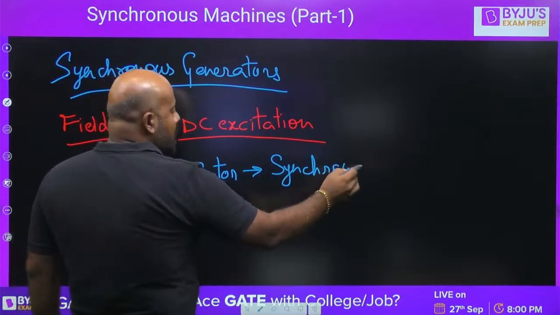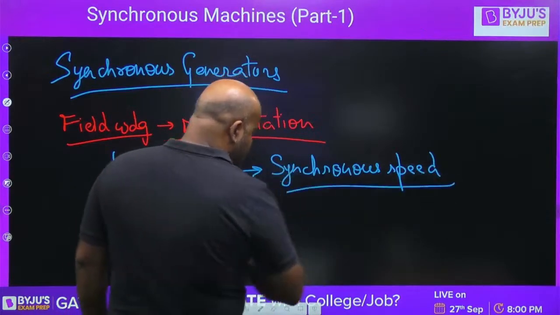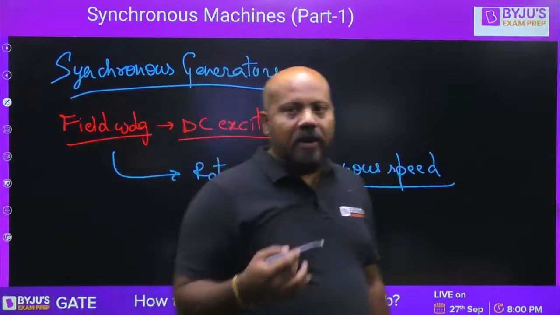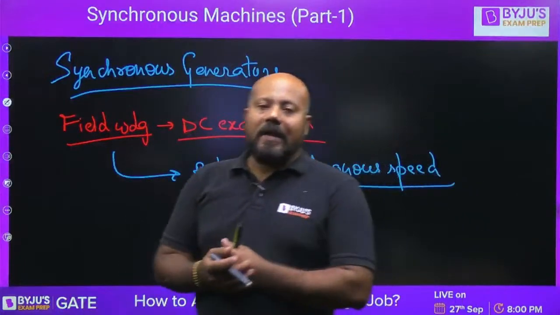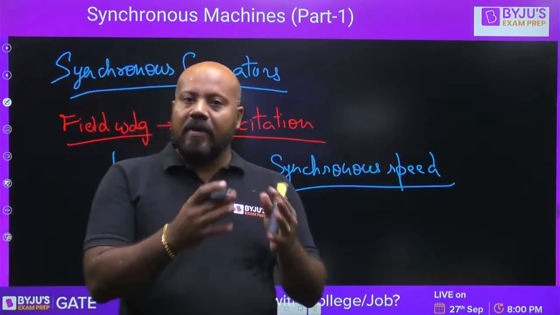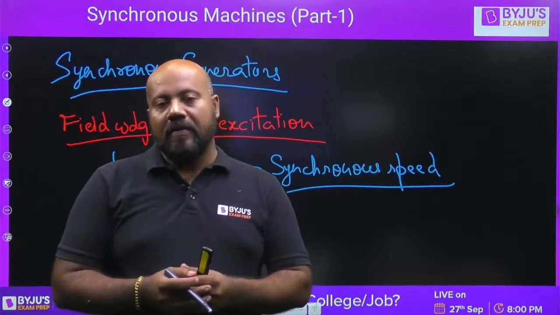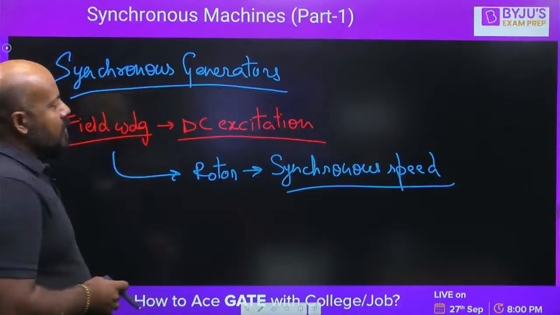Yes or no? Are you able to follow this? The rotor must be rotating at the synchronous speed, because then only there will be no relative motion between the two fields or the fluxes, and then you will be having a stable rotating machine. Is it clear, everybody? So this was some background related to synchronous machines.